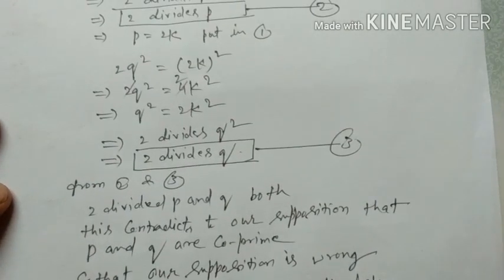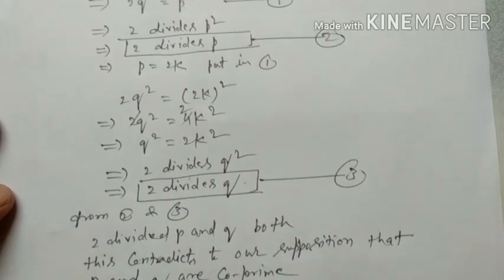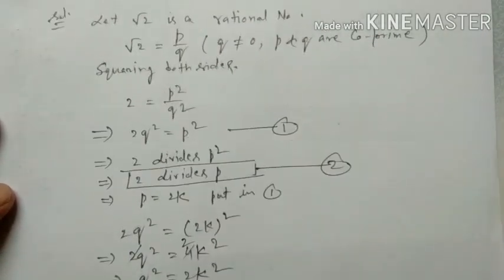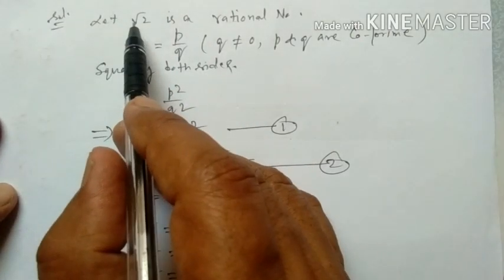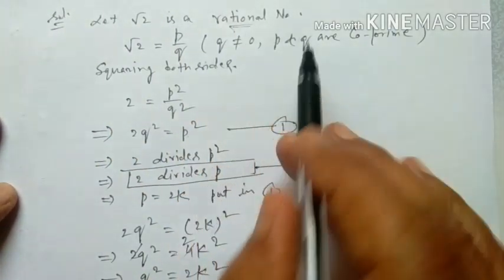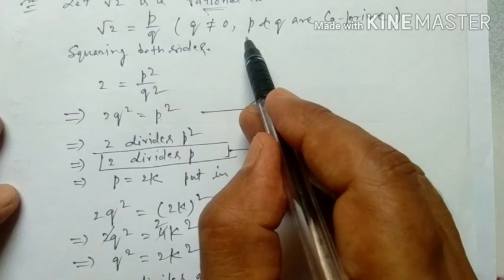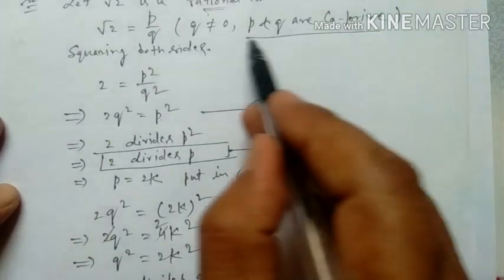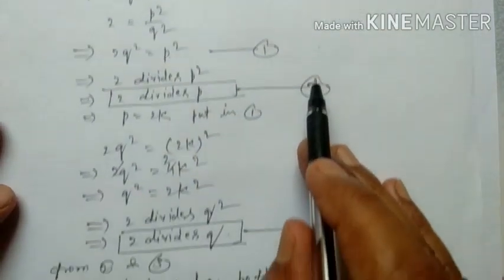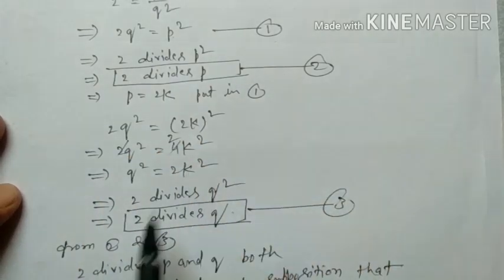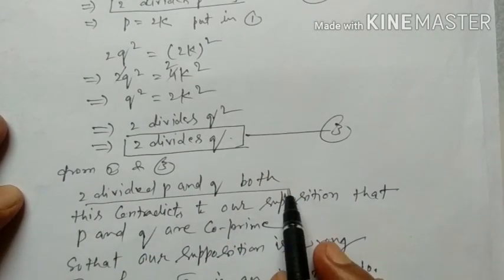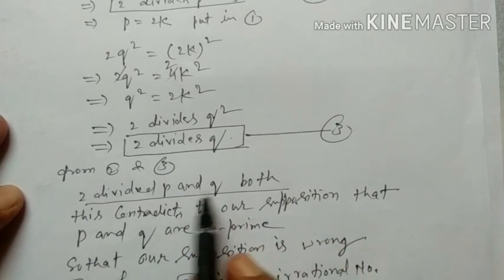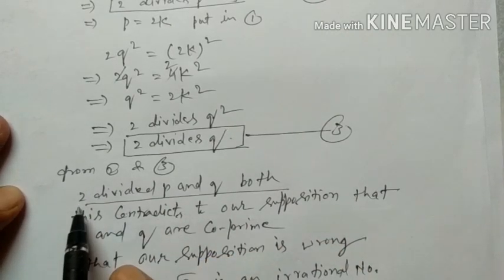Proved. So this is contradiction method. Here we assume under root 2 is a rational number. So in this case P and Q are co-prime, that is P and Q has no any common factor. But from these two conditions 2 and 3 we see that 2 divides P and Q both. It means P and Q has 2 as common factor.